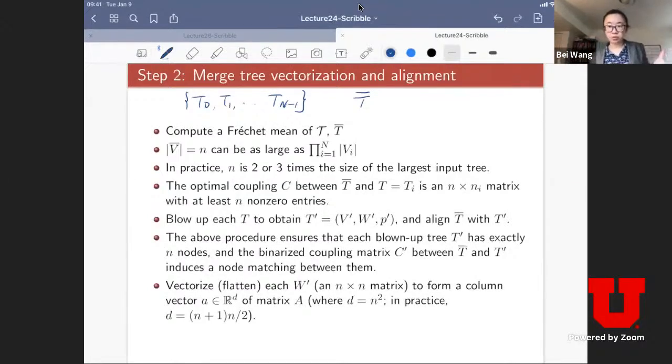When you match it, it's through this GW framework, meaning that if I have a bunch of nodes in my average tree, let's say this is size 20, meaning it has 20 nodes. Then let's say input tree 0 has size 8. Of course, the average tree is typically much bigger than all input trees.